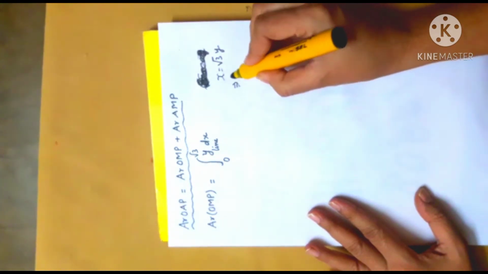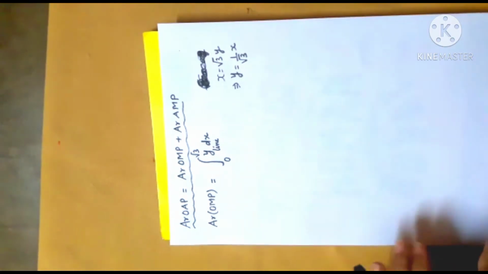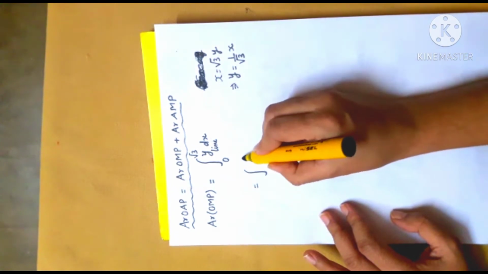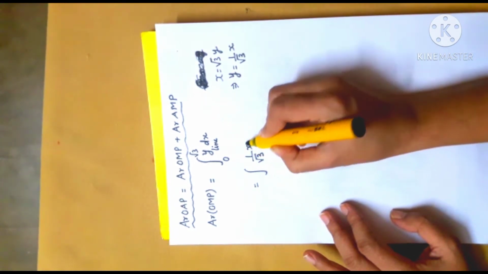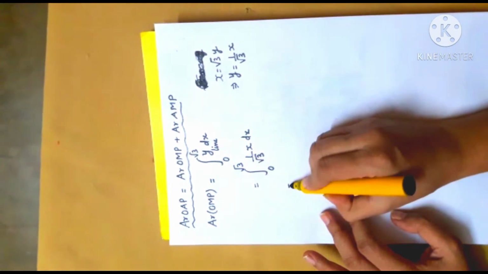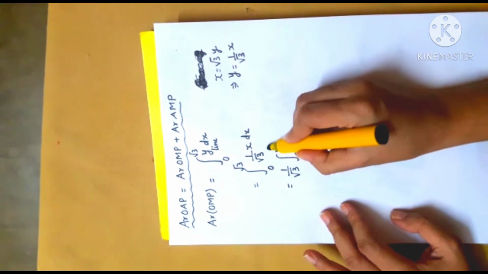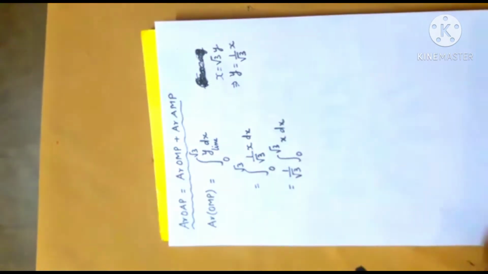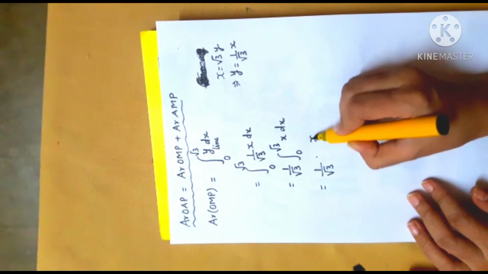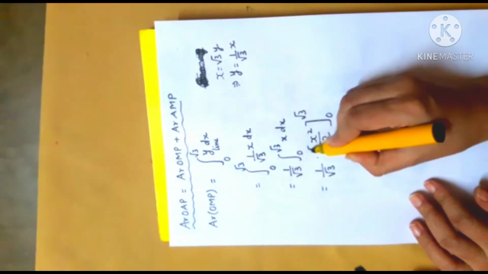So from here, y of line is 1 over root 3 into x. So I'll put this value here. So I'll get integral 1 over root 3 x dx from 0 to root 3. 1 by root 3 is constant, so I take this outside the operator. Integral x dx from 0 to root 3. So this will be equal to 1 over root 3 times x square over 2 from 0 to root 3.